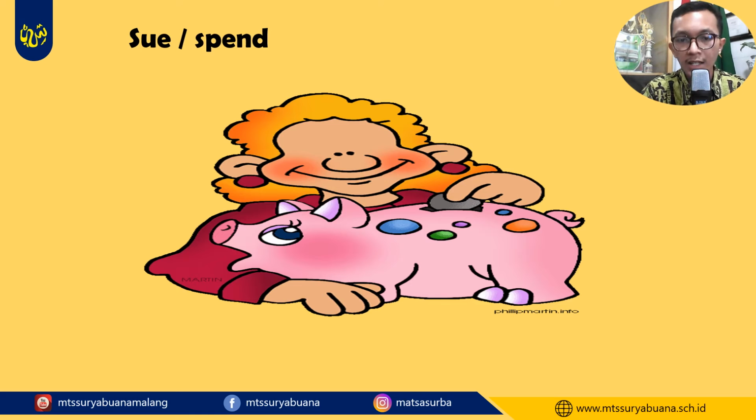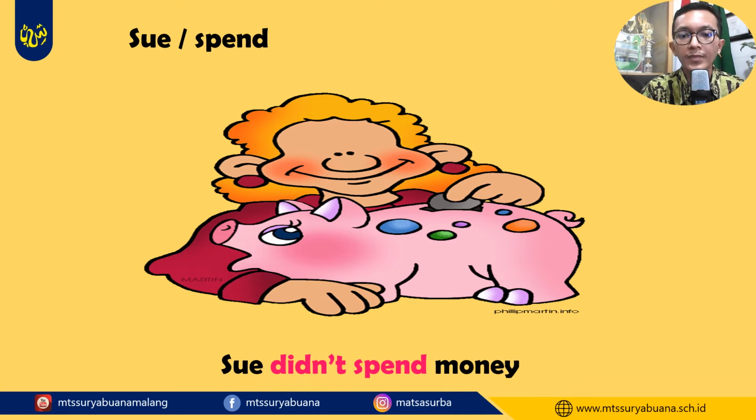Next picture, the subject is Sue and the verb is spend. If you want to make a negative sentence using these words, the negative sentence is Sue didn't spend money. Sue didn't spend money.